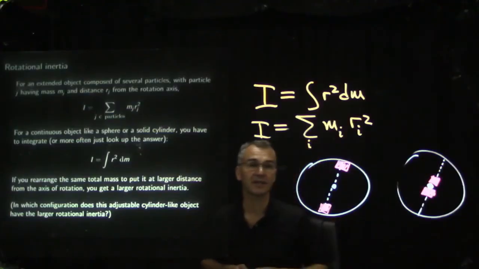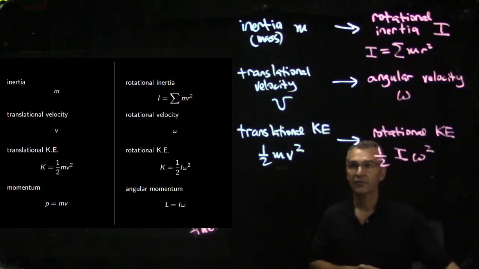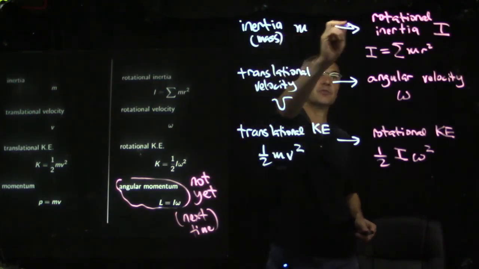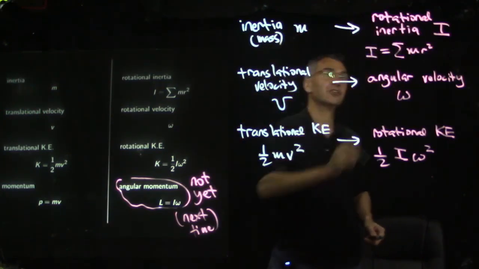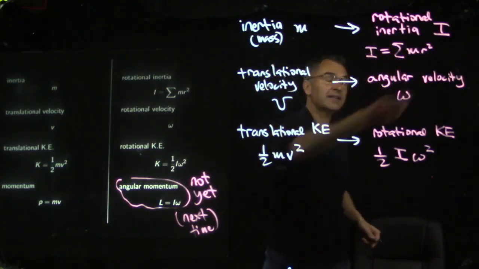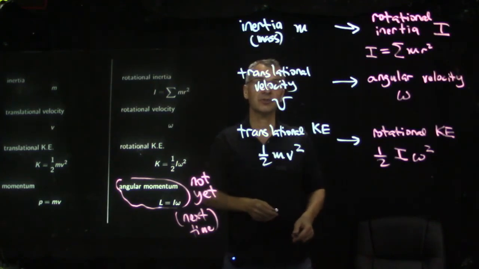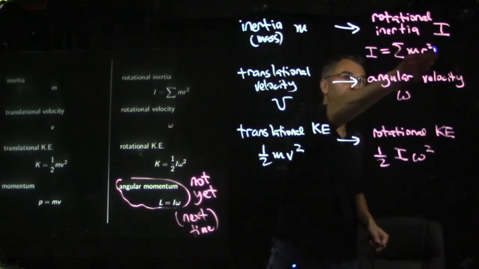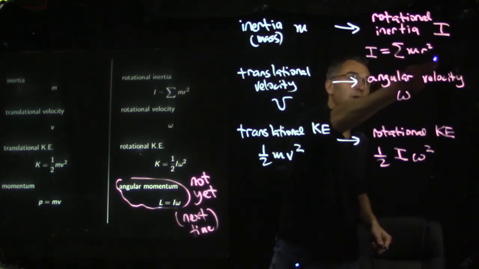I have a slide here summarizing the new terms we've been learning. So we have inertia or mass, m, whose rotational analog is rotational inertia, I, where I is determined by taking all of the constituents of a rigid body, or what our book calls an extended object, and for all of those constituents, you add up the mass times the square of the distance from the axis of rotation.